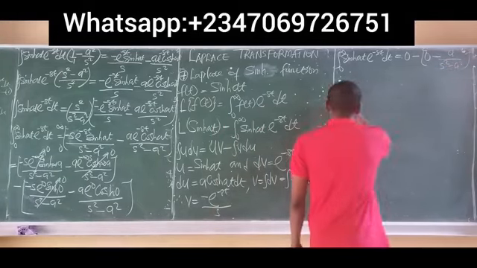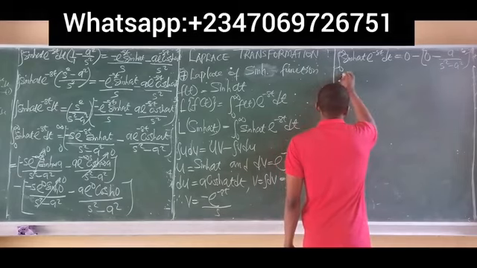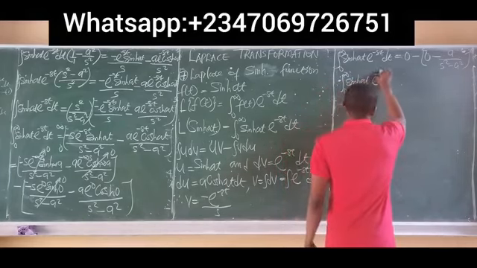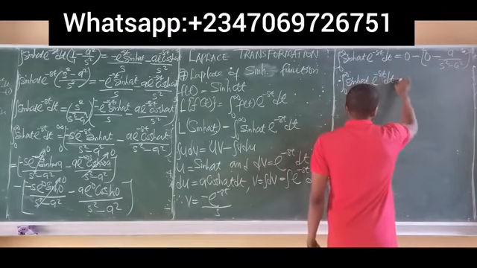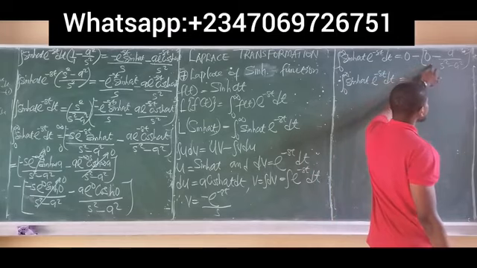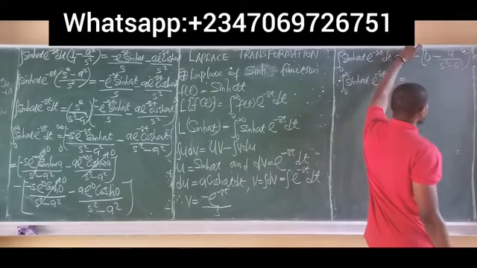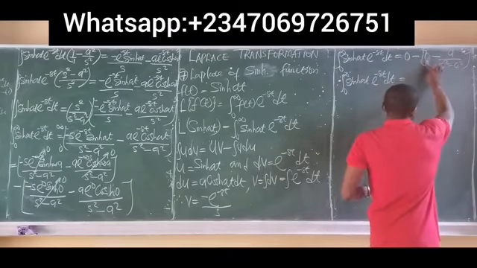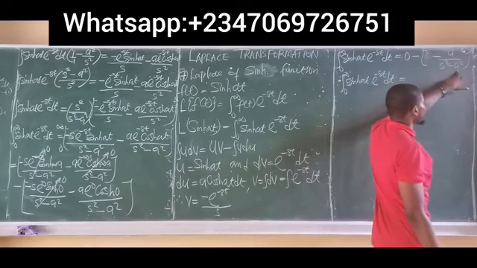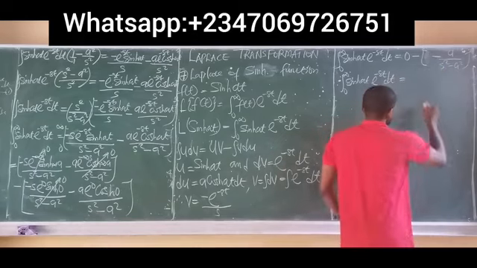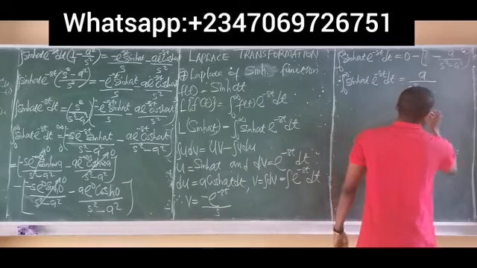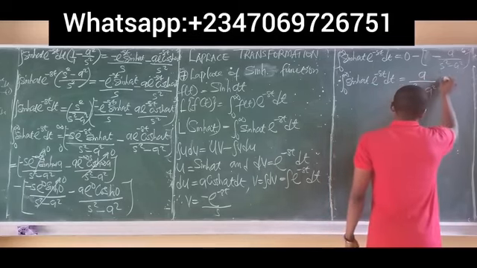So the integral from 0 to infinity of sinh at e to the power of minus st dt is now equal to 0 minus 0 is 0. Of course, we have a minus sign there, so it becomes 0 minus minus a over s squared minus a squared. Minus minus becomes plus, so this becomes a all over s squared minus a squared.